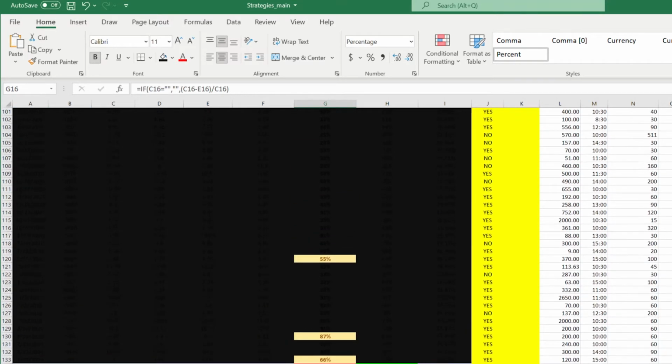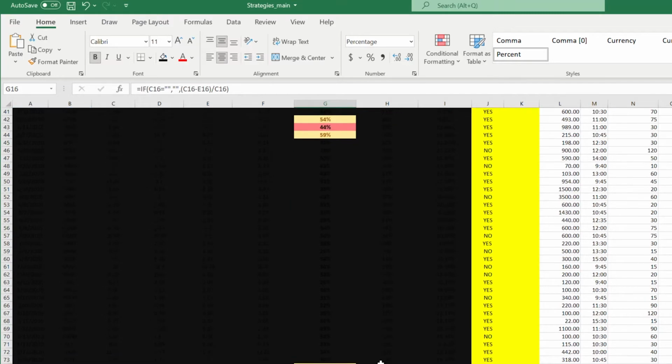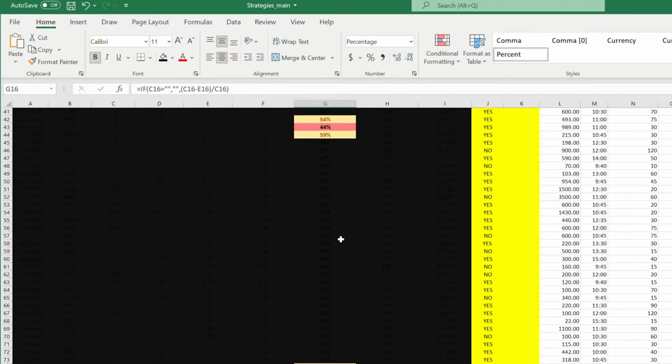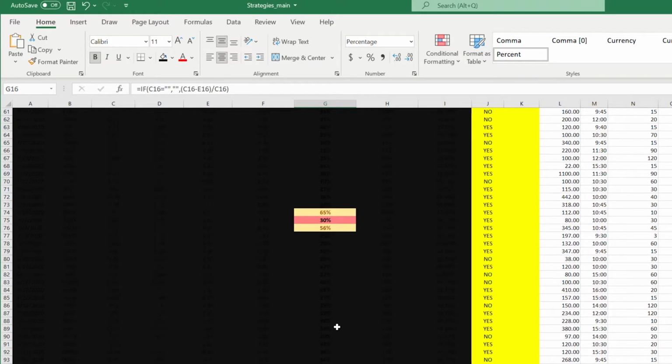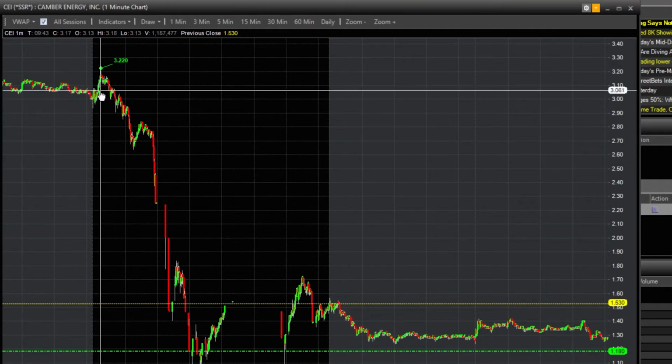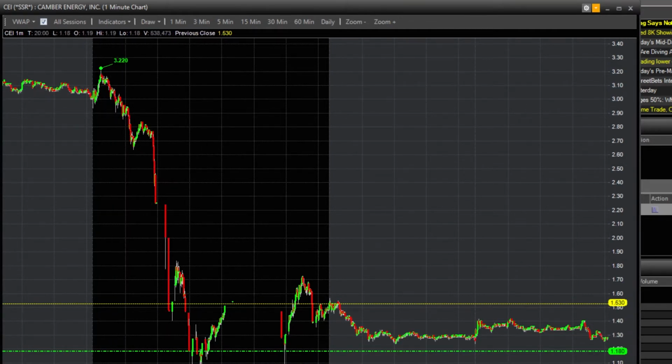And then I took the bounce. And I noticed something really fascinating: every time a stock drops 50% or more, there's a really big chance that it's gonna bounce at least 70%.